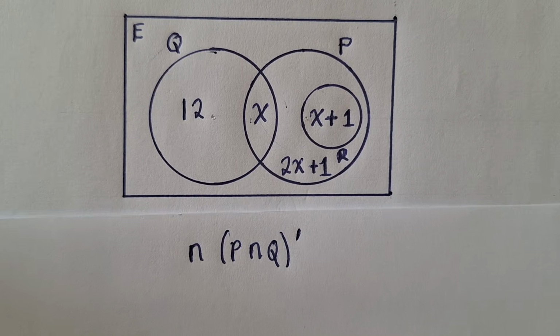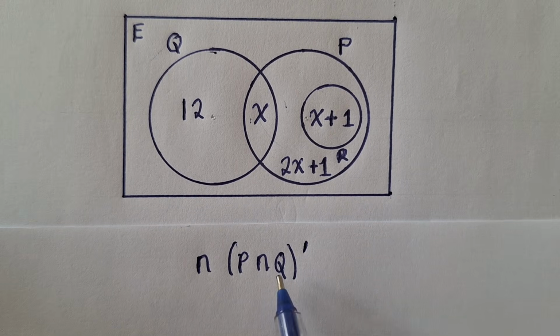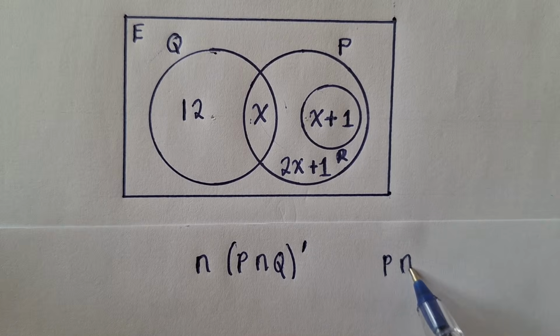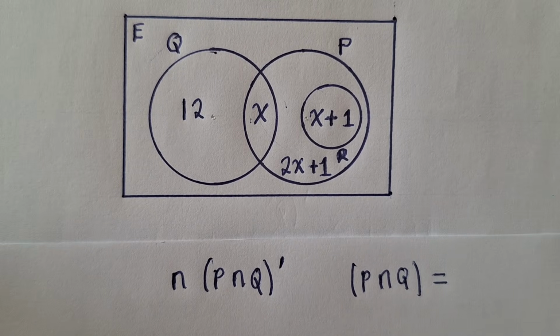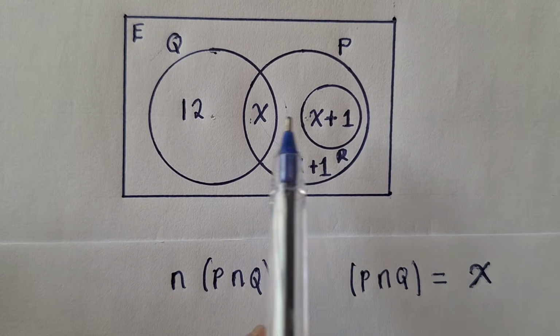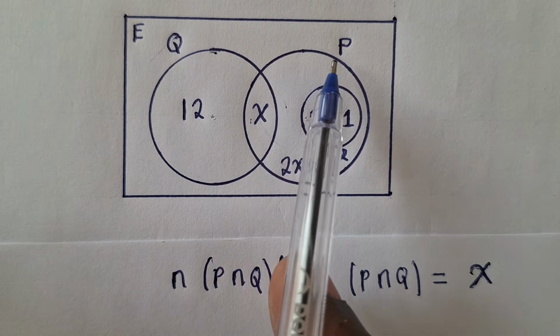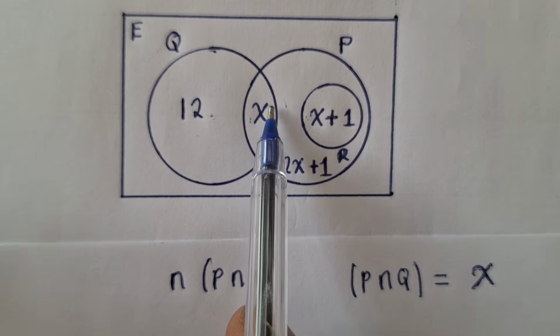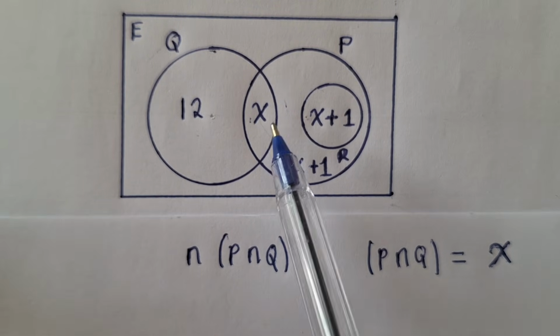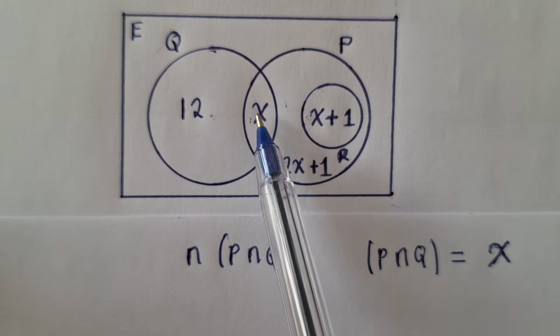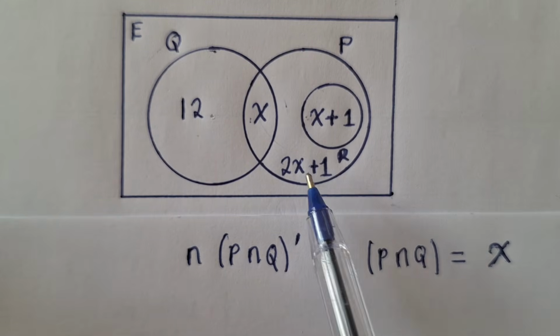So now, what is P intersect Q complement? Let's identify P intersect Q. P intersect Q will simply be equal to X. Q is right here and P is here. So the intersection of these two sets is X. Meaning we're going to get what is outside this.